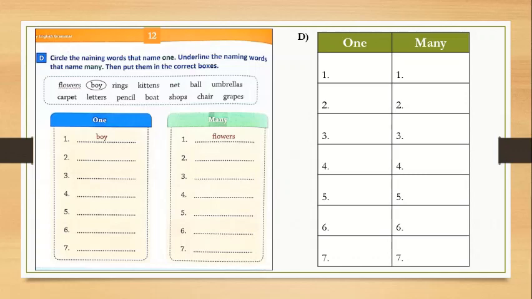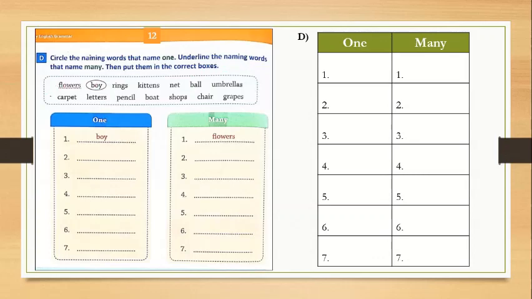Now, in this exercise, first let's read what it says. Circle the naming words that name one. Underline the naming words that name many. Then put them in the correct boxes.